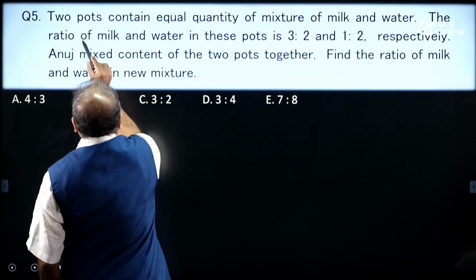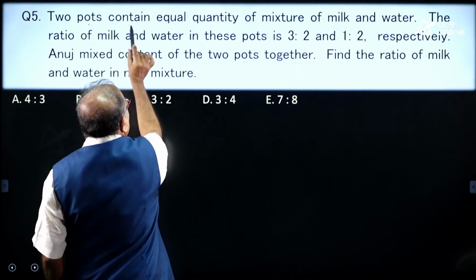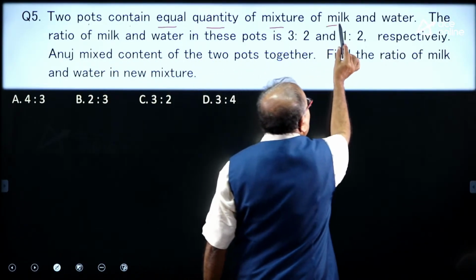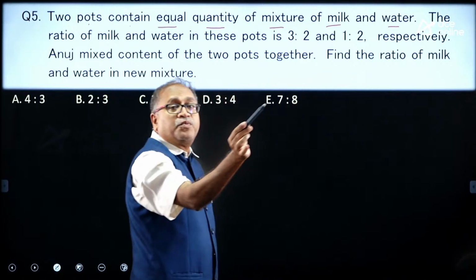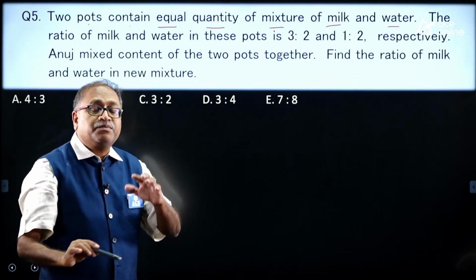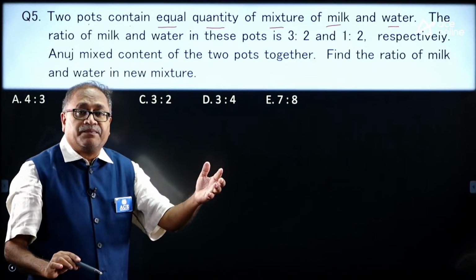Now, the two pots contain equal quantity of a mixture of milk and water. Two pots containing equal quantity of milk and water, that means the total quantity is same.